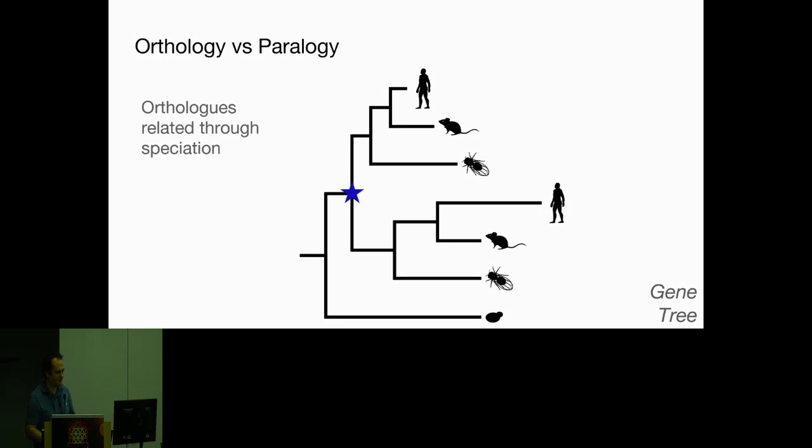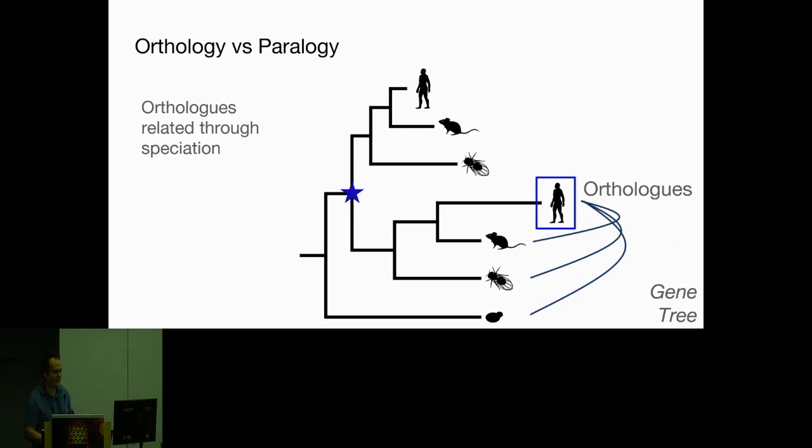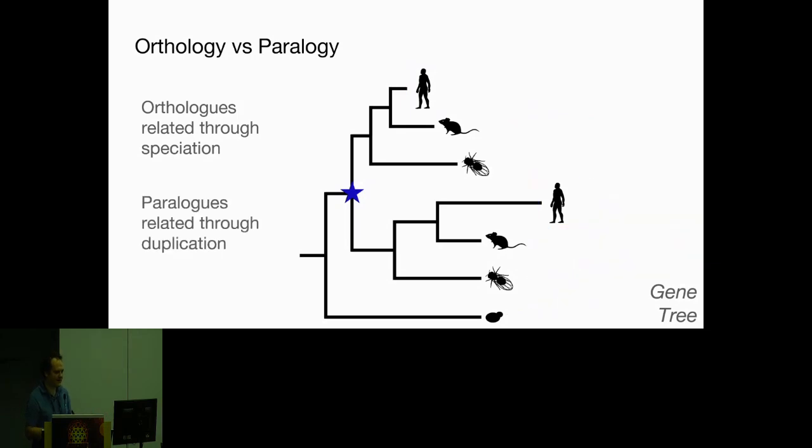Orthologs are extant genes that are related through speciation. So this human gene has an orthologous pair in this mouse gene, the Drosophila gene, and the yeast gene. And this human gene also has its orthologs. And then paralogs are the genes related through duplication.